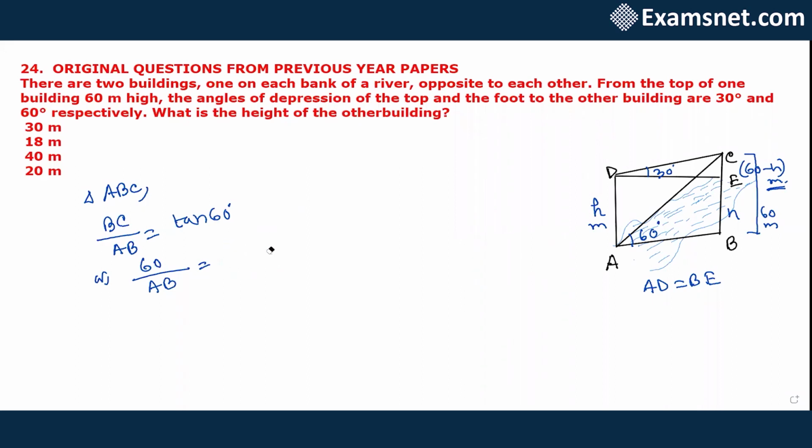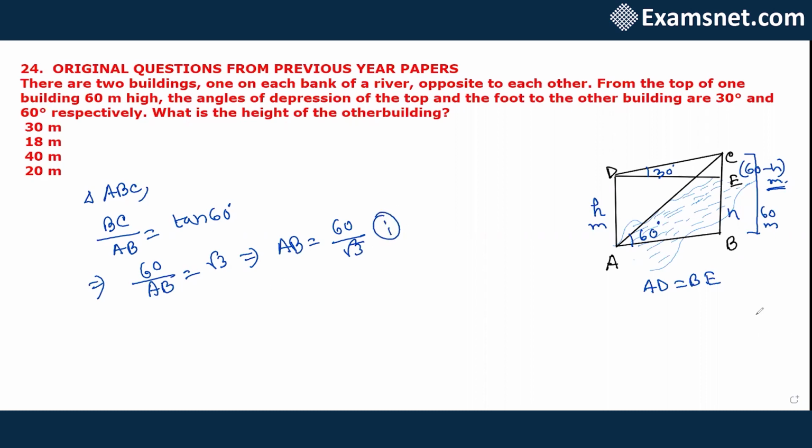Tan 60 degree is not 1 by root 3. So in the next line, we will put all the values of BC by AB. 60 by AB equals tan 60 degree, which gives us the value root 3. That means AB equals 60 by root 3. We can name it as equation number 1.